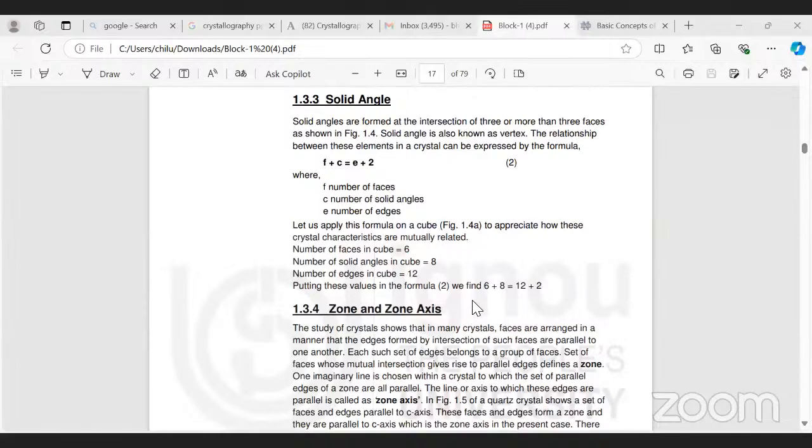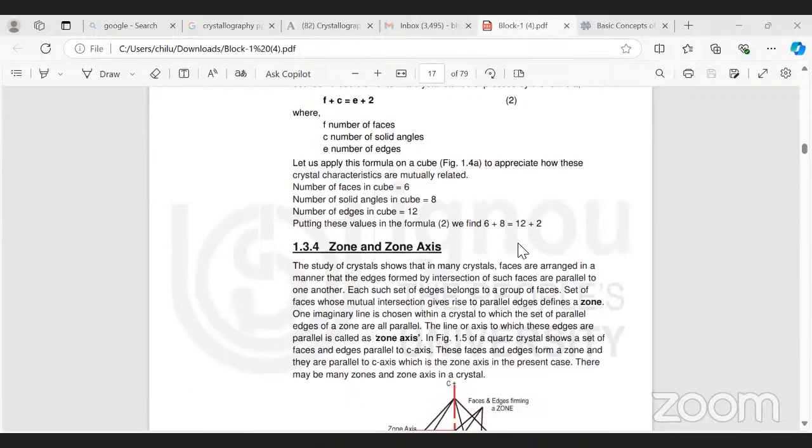Now you put these values into this formula. F is equal to 6, plus C is equal to 8, and E is equal to 12, and the formula will add 2.